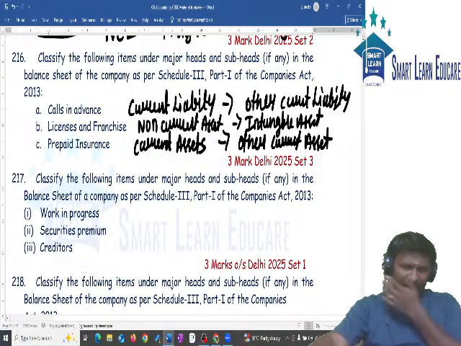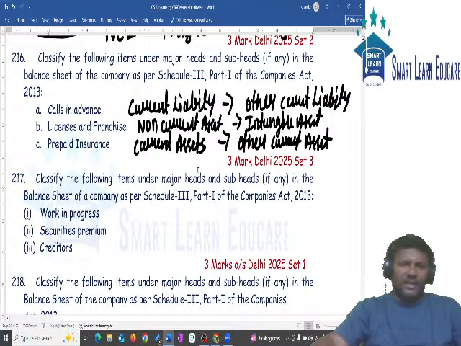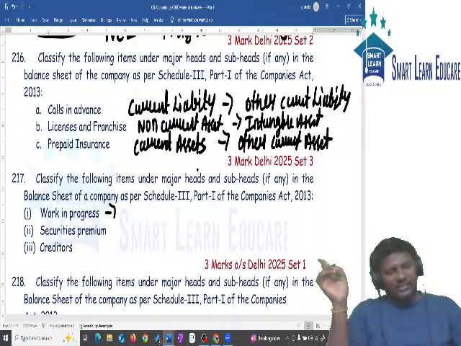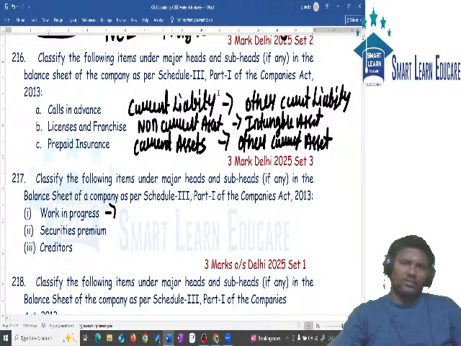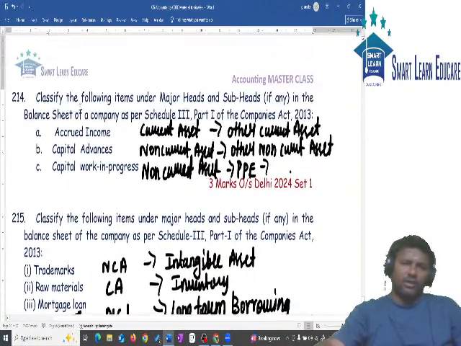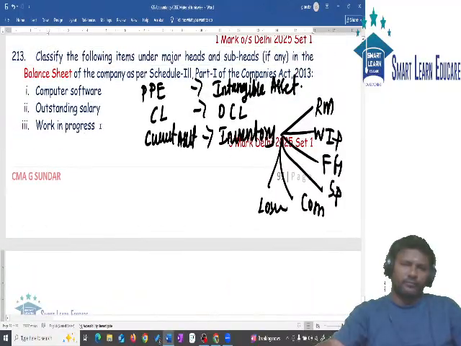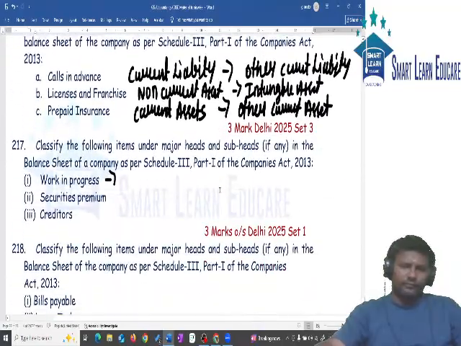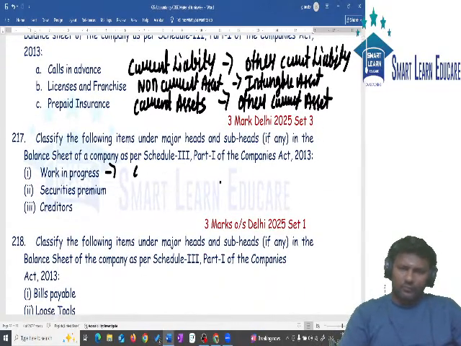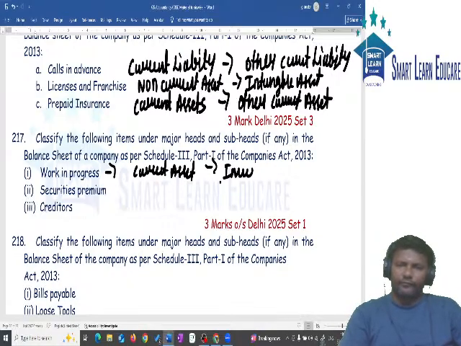Next, classify the following under the same thing, in the balance sheet, work in progress. Already discussed this. In some other question also we discussed work in progress. Work in progress, current asset, inventory. Securities premium, we have studied in company accounts.